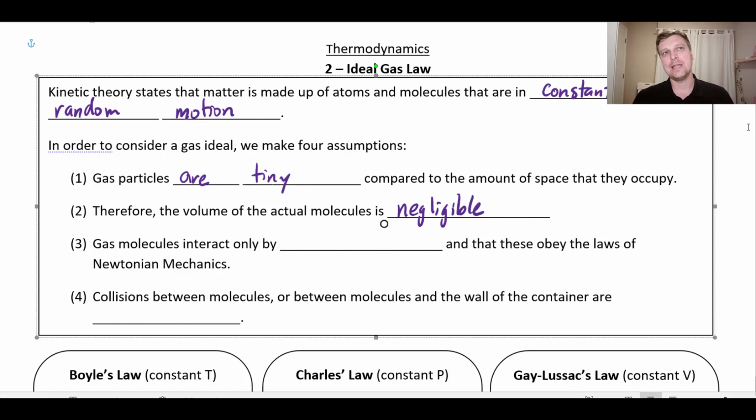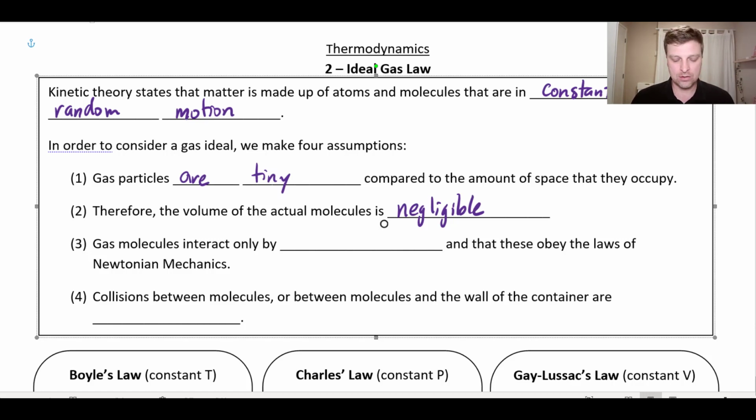What I mean by that is that even though particles themselves do have volume, they take up space. If I have a really small particle like, say, hydrogen, or a very, very large particle like, say, sulfur hexafluoride, even though sulfur hexafluoride is way more massive and takes up way more space than hydrogen does, it doesn't really matter because it's surrounded by so much empty space, the size of the actual gas particle is irrelevant.